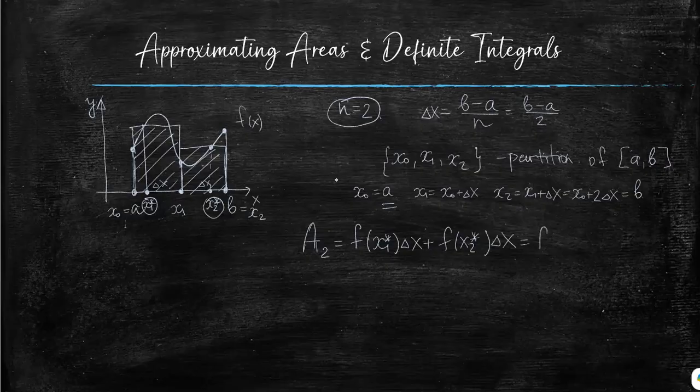Delta x is a common factor, so we can factor it out. And this is the formula for using two rectangles to approximate the area under the graph of some function.